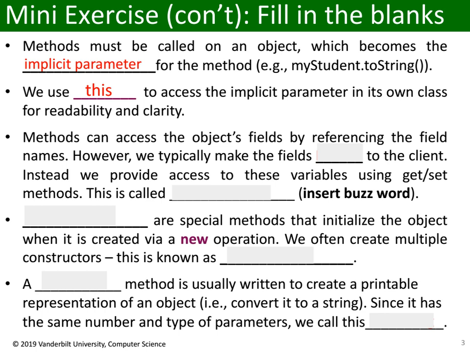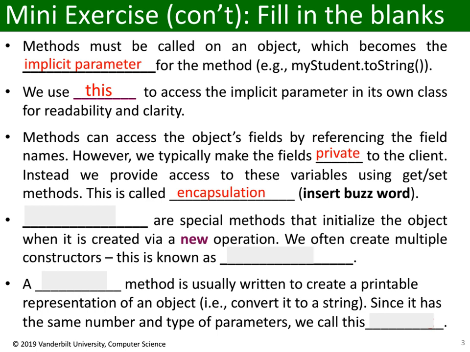Instead, we provide access to these variables using get and set methods. This is called blank. We typically make the fields private, and then preventing direct access to the instance variables through get and set methods is encapsulation.